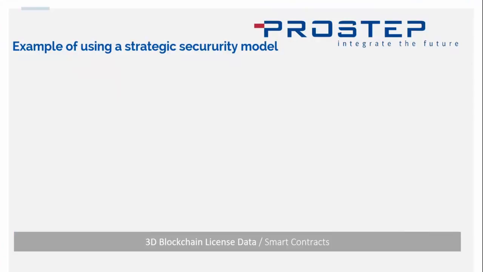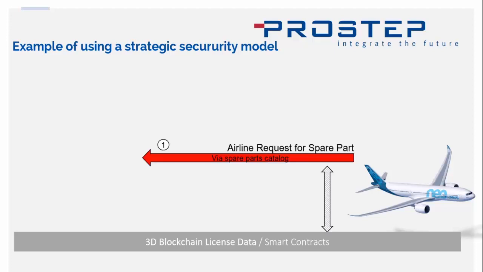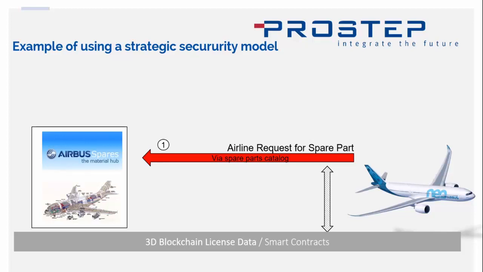So here's a quick example of using a strategic security model using blockchain. We have a company that has a plane ordered from Airbus, and they need a spare part. They would make this request for the spare part to Airbus using the Airbus catalog.